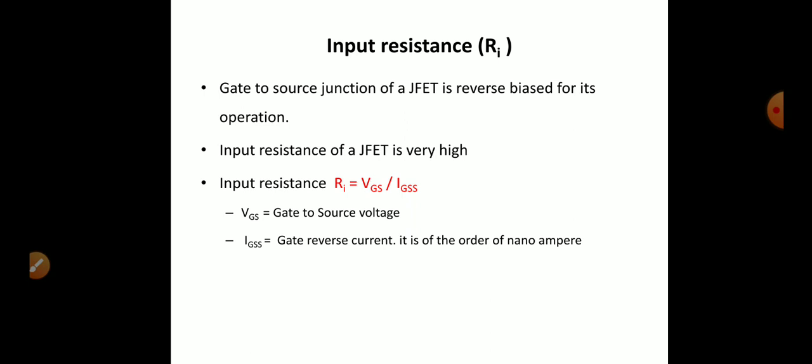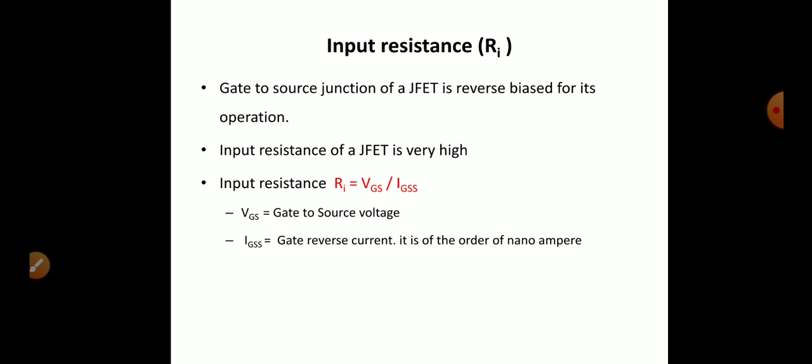Since we are giving the reverse bias to the gate terminal, the input resistance of a JFET is very high, in the order of several mega ohm. Input resistance Ri equal to VGS divided by IGSS, where VGS is the gate to source voltage and IGSS is the gate reverse current. It is in the order of nanoampere, meaning IGSS is very small.